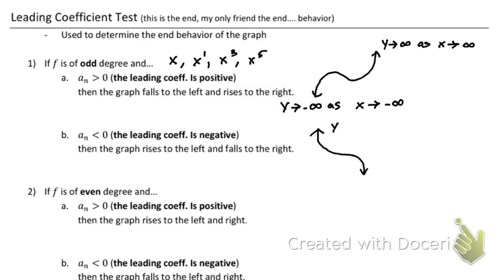That would be written as y goes to infinity, as x goes to negative infinity. I should probably have an as in between there.